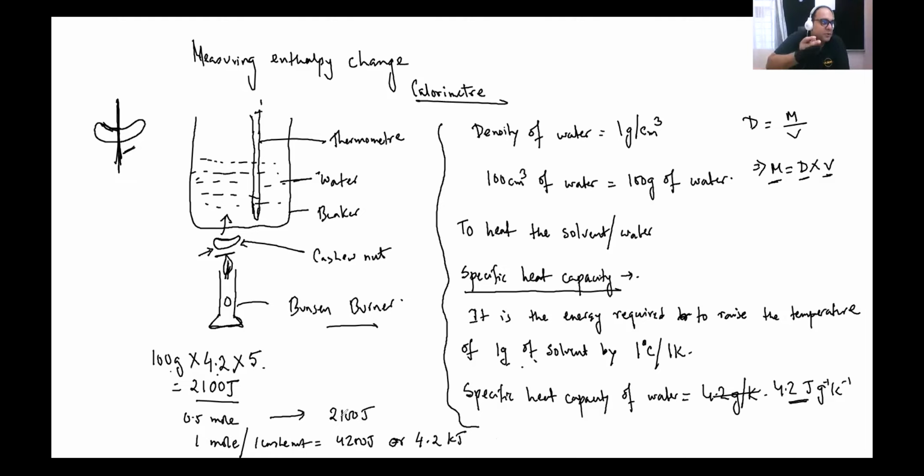But in chemistry we do not do the cashew nut in the lab, so specifically what do we do? In real life, what we do is we take a sample which is a liquid. Let's take octane.